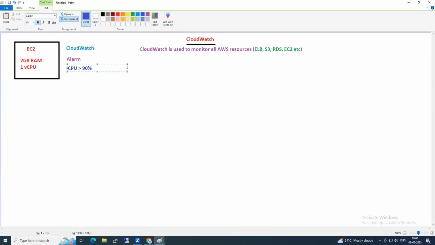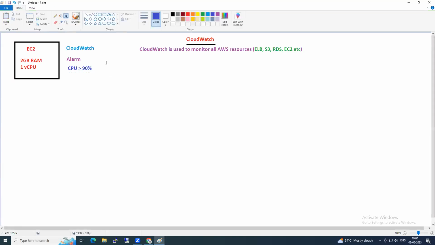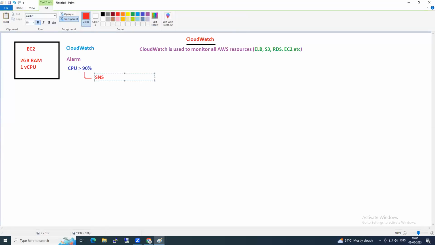If the CPU utilization goes greater than 90%, what should happen? Get notified. Notified to whom? To the admin. Who is the one notifying? Which service is that? SNS.